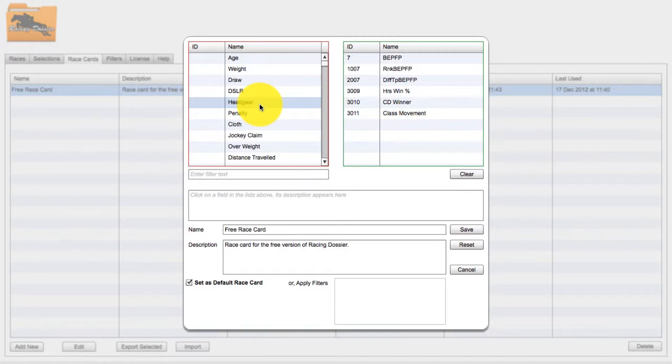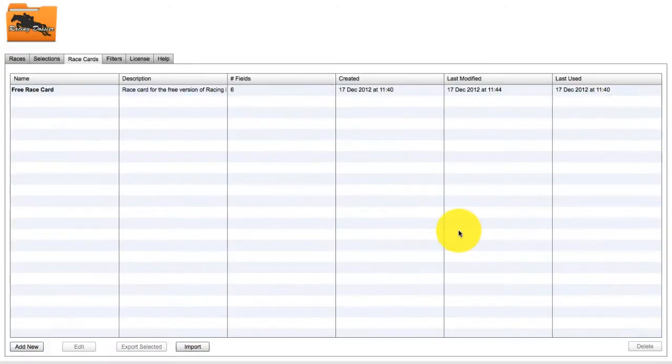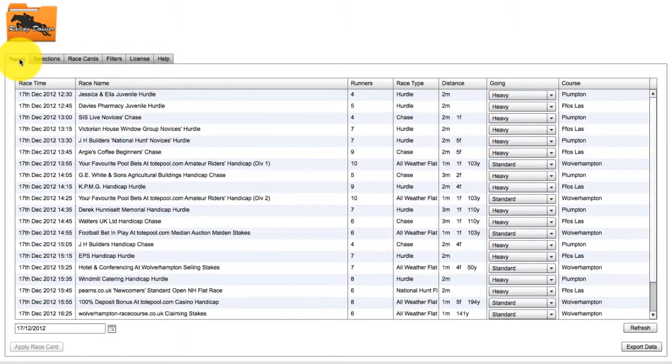So just go and check out the other support videos. They'll give you some insight into how to use the software in other ways, and also what's inside the full version of the software. So when you've checked set as default race card, we press the save button, and you'll notice that the name goes bold. That means it's now set as your default race card. So there we go.